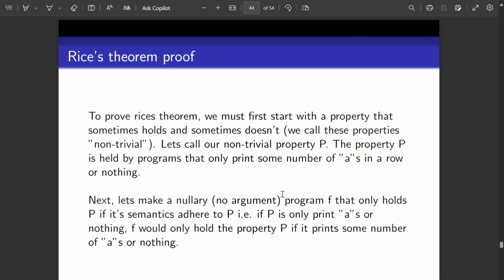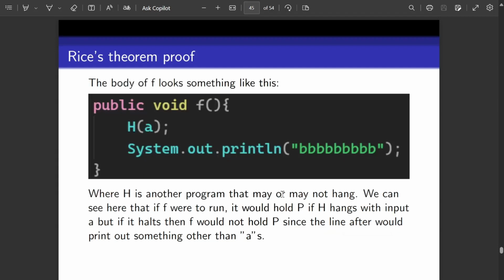So first, let's make a nullary program, we'll call it F, and it holds P if it only prints some number of A's. The body of F would look something like this. Inside F, there's another function, H, and it takes an input of A, and then prints out something that would make it not hold that property.